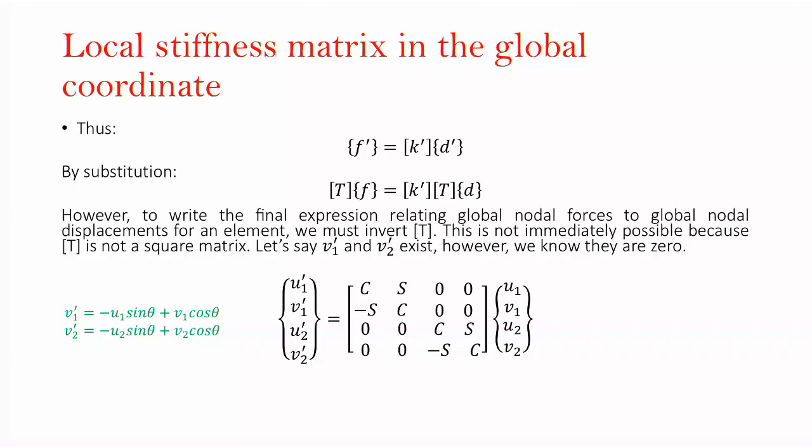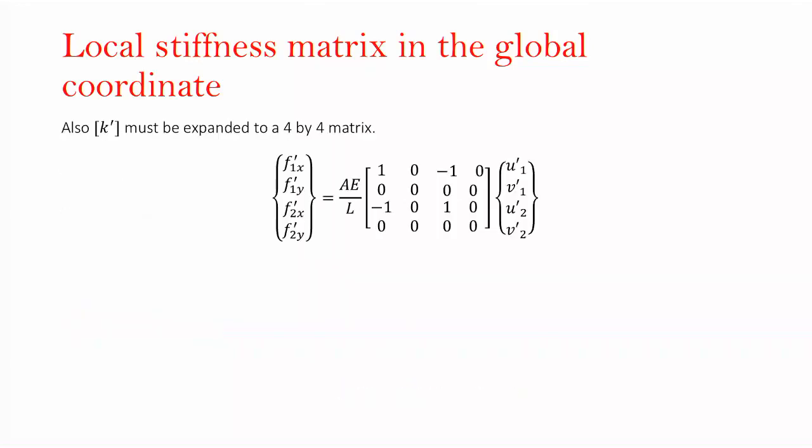By using the two green equations, which are v'1 and v'2 in terms of u1, v1, and u2, v2, the transformation matrix would be like this. So this is a square, and now we can simply calculate the inverse of the T matrix.